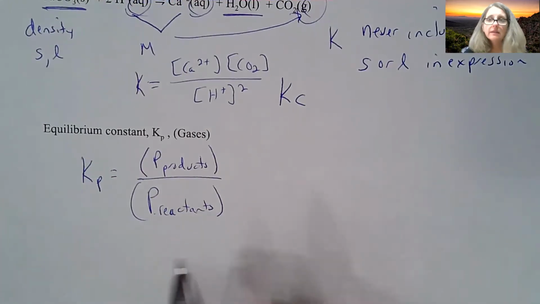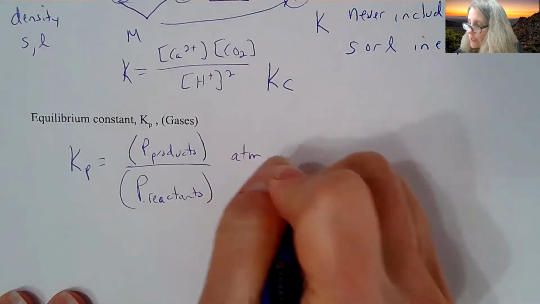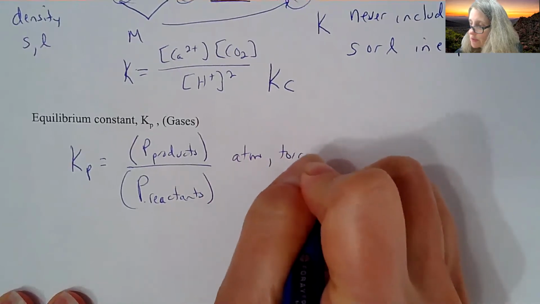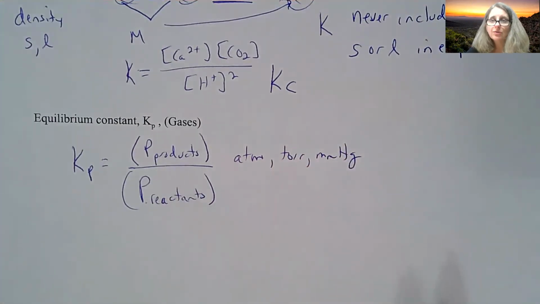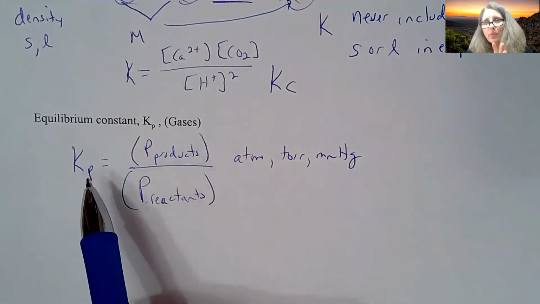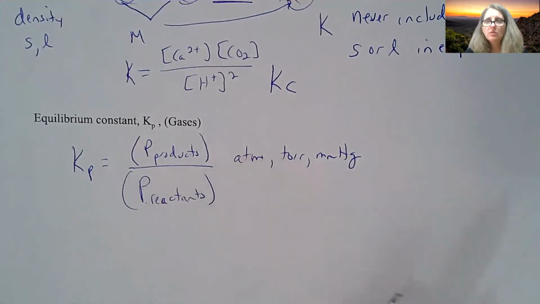You do exactly the same thing if you have a two in front of it: you square it, same as before. This could be in atmospheres, torrs, or millimeters of mercury, just as long as you have the same pressure unit. And this is the tricky part: I will specify what unit you should use, because you don't really get any information from a K.